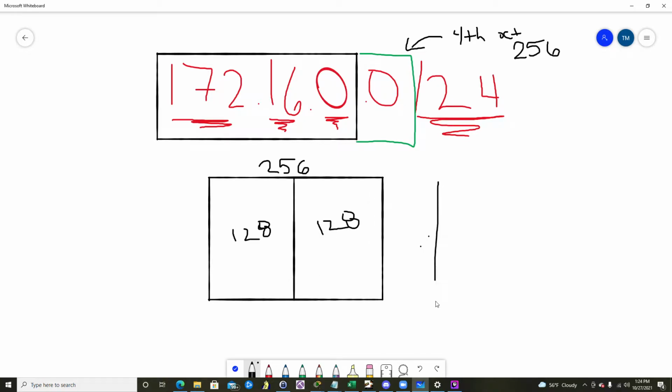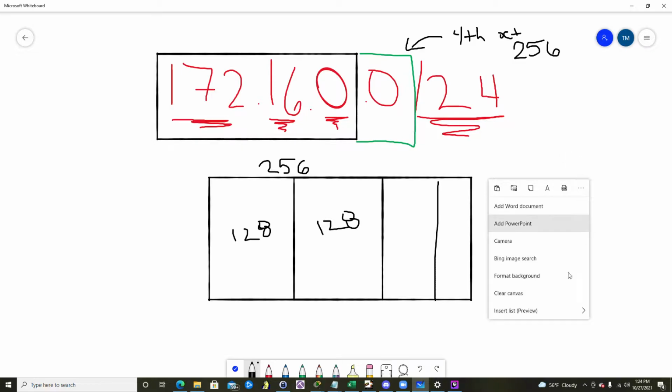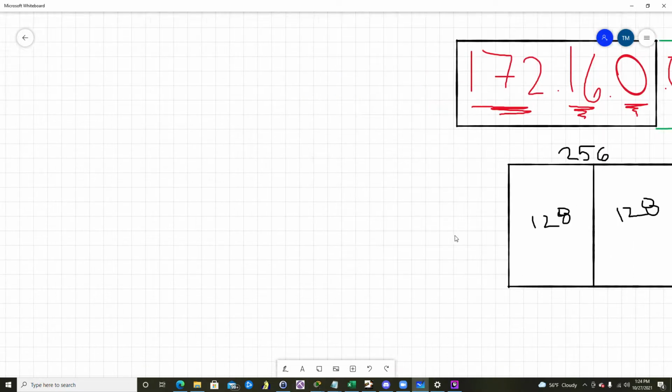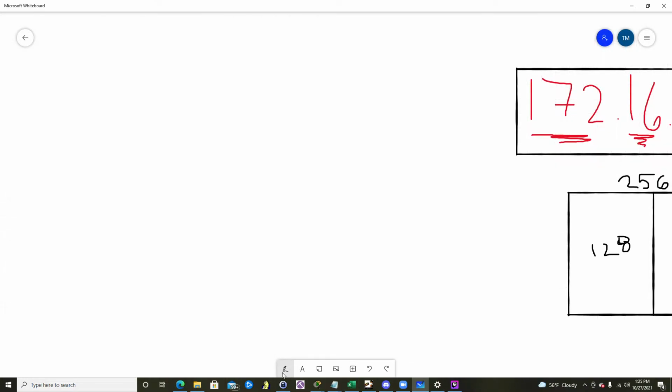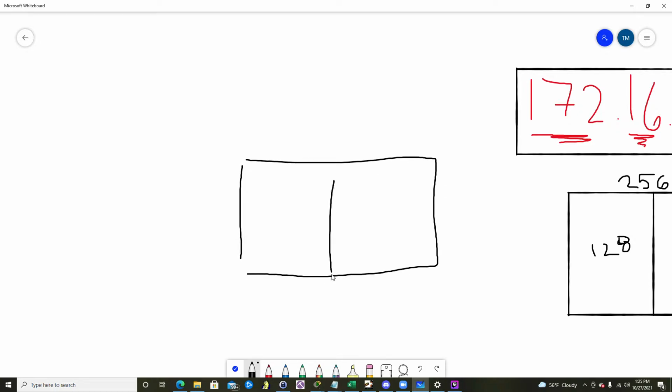I could divide it into different chunks as well, say multiple blocks of 64.